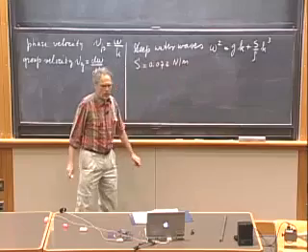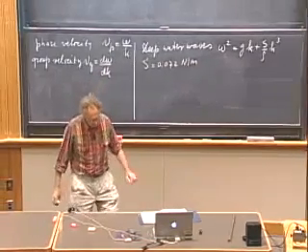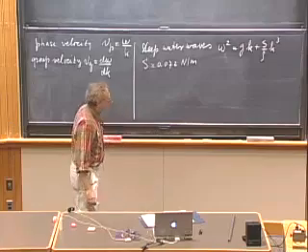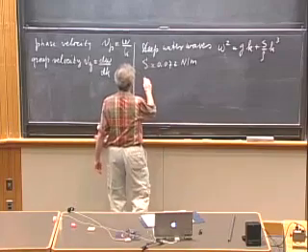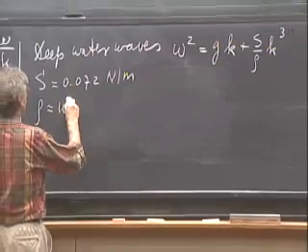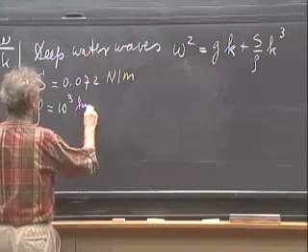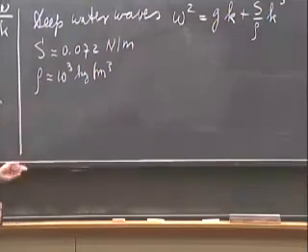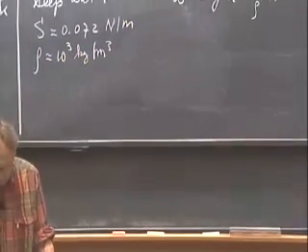I don't know whether you've dealt with surface tension in 801, but if not, you just can accept this S. And the density of water, rho, is about 1,000 kilograms per cubic meter. But of course, it's a little different for seawater, but that's a nice number sort of to use.